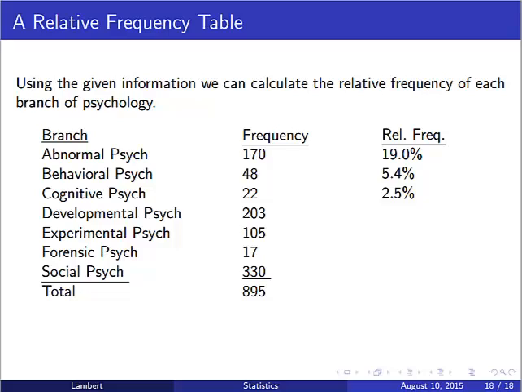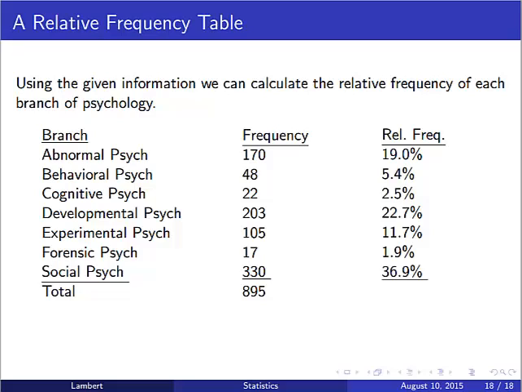You take 203 divided by 895, multiply that by 100, and you get 22.7%. Experimental psychology, you take 105 divided by 895, multiply by 100, you get 11.7%. Forensic psychology, you take 17 divided by 895, multiply by 100, you get 1.9%. And finally, social psychology, you take 330 divided by 895, and multiply by 100, and you get 36.9%.